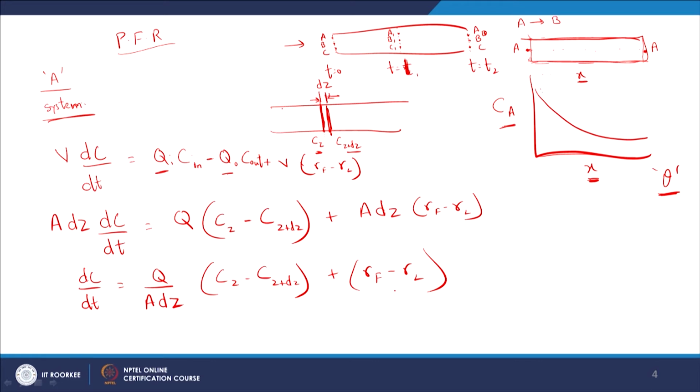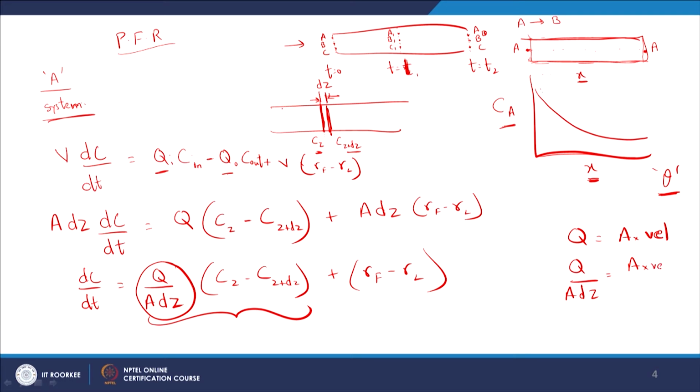So, at steady state we can have the relevant transformations. First we are going to try to look at what this is here, right. And flow, what is flow? I guess q equal to cross sectional area into velocity, yes, hopefully that is right. So, how can I transform this particular set of variables? Q by A dz is equal to what now?